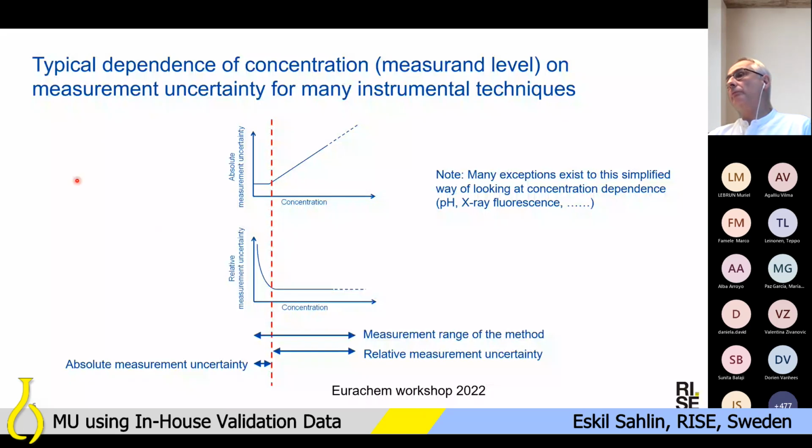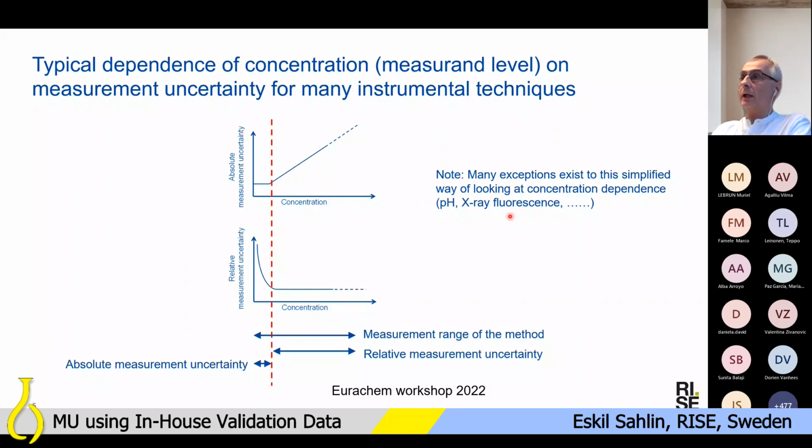Now, this is quite a useful model for many instrumental techniques, but there are exceptions to this, and I have just listed some of them here. pH will not look like this at all typically. Then it's often very convenient to have an absolute uncertainty in the whole pH range. X-ray fluorescence is, at least in my opinion, also an exception to this.